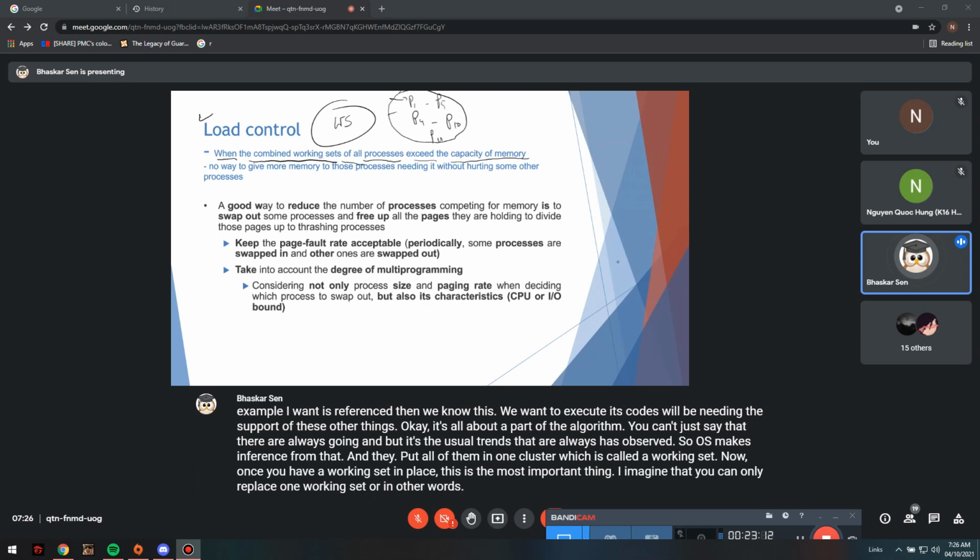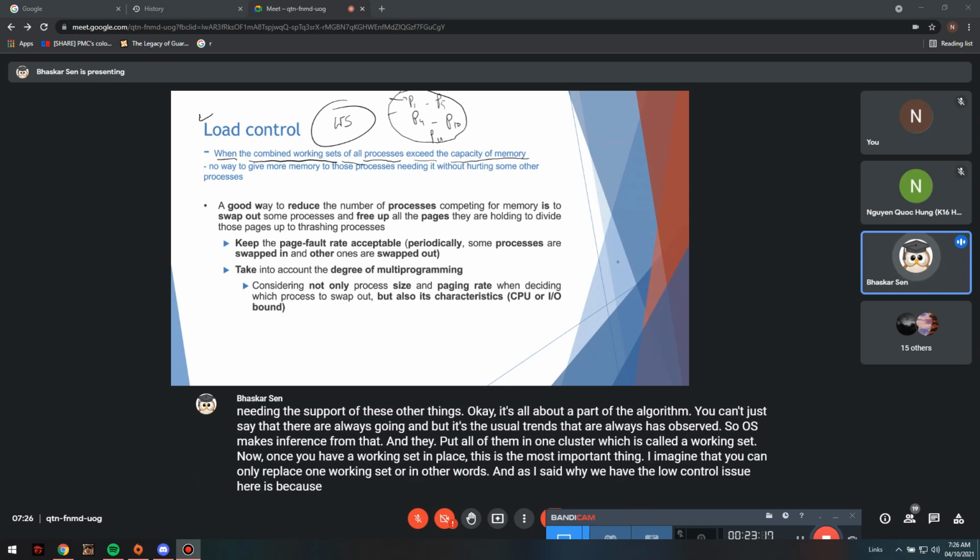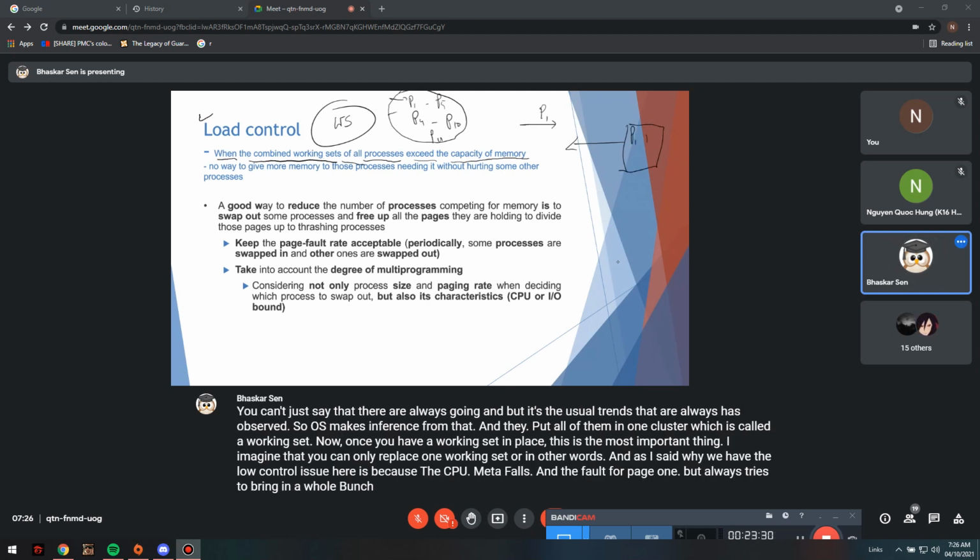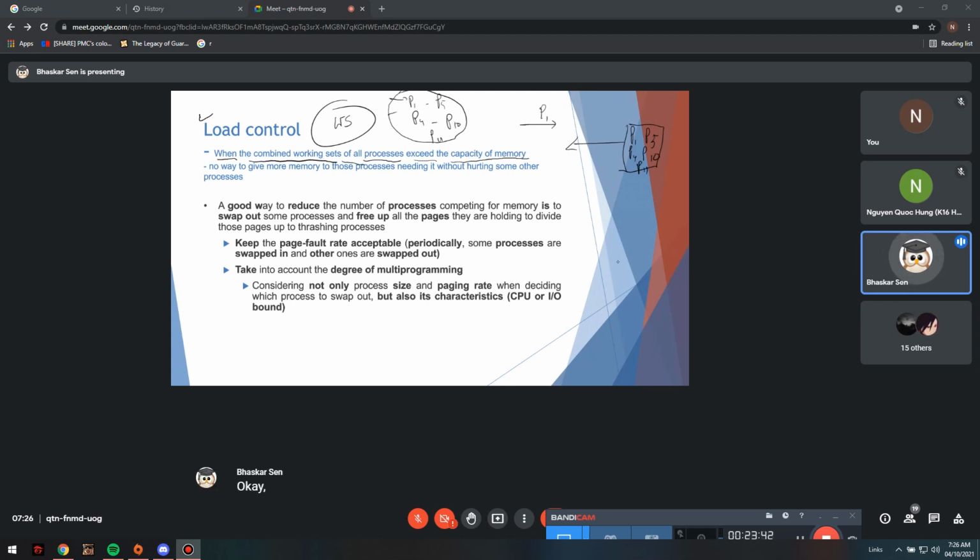And as I said, the reason we have the load control issue here is that the CPU made a fault for page one, but the OS tries to bring in a whole bunch of pages. That is where the load control issue comes into play.